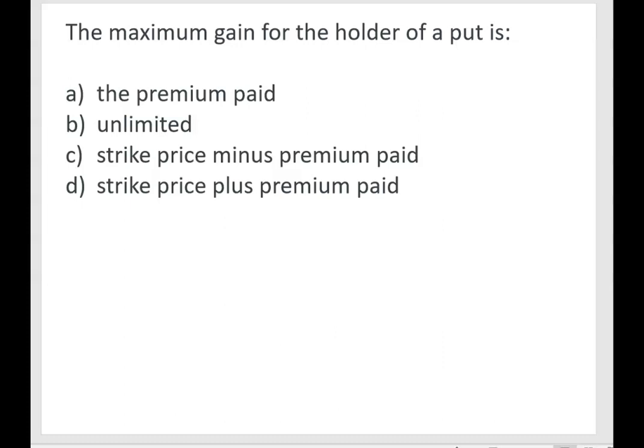And the expense you have, of course, includes the premium paid for the option. You have to cover that cost. So the most you can possibly make, you buy the stock for basically nothing, sell the stock at the strike price, and keep the difference, except, of course, for the premium that you pay for the option, right, for the privilege of locking in your price. So the maximum gain is strike price minus premium.